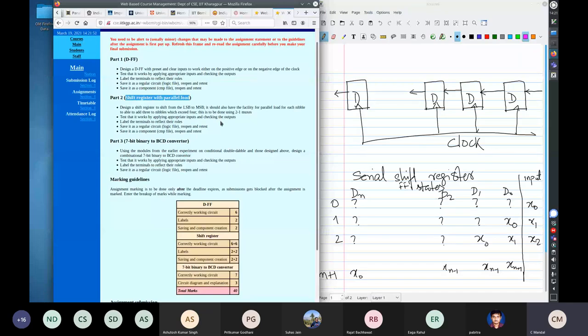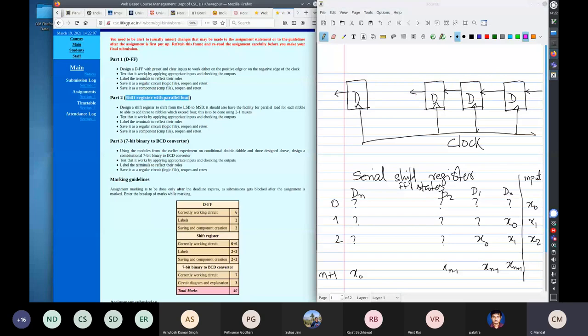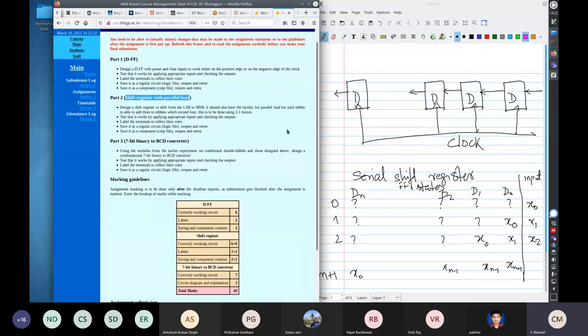Any more questions? In the parallel one, we were giving all the input at once. How are we giving the input here? It will be serial. In fact, if you remember the examples that we did in the class, there the input was serial. We were shifting in from right to left, right?